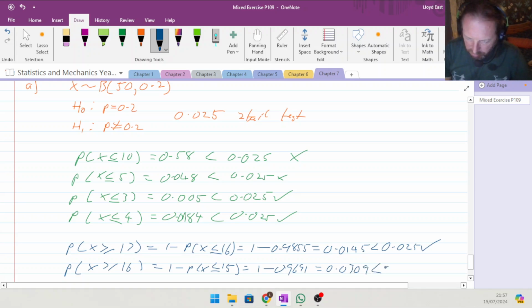So 3%, which is more than 0.025, which doesn't work.